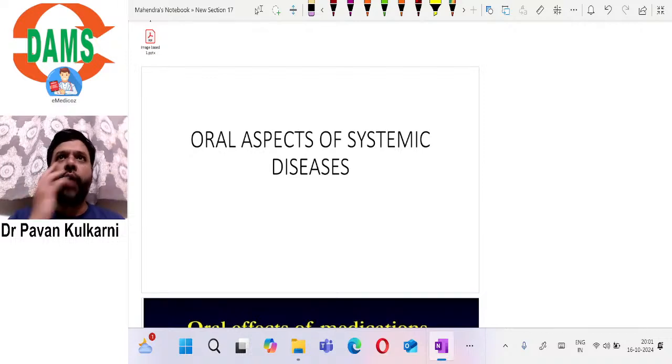Around the oral cavity you will see a paler area, that is called loss of circumoral pigmentation. So glossitis, angular cheilitis, and loss of circumoral pigmentation are the important oral manifestations of kwashiorkor and marasmus.